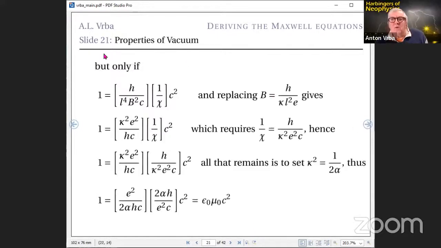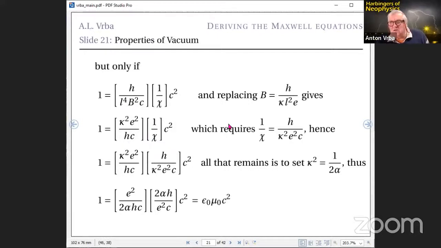So now let's just look at this. We know that we've previously defined B equals H over kappa L squared E, which we substitute in here, which equals 1.